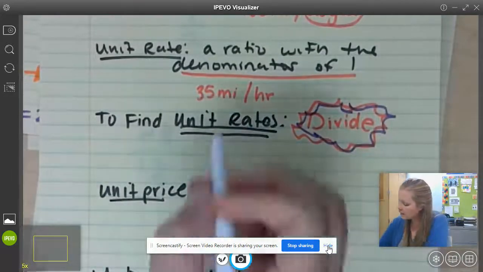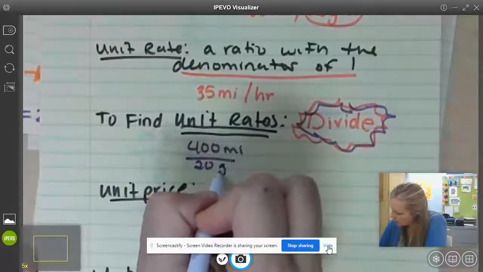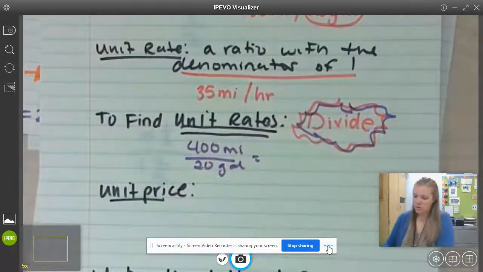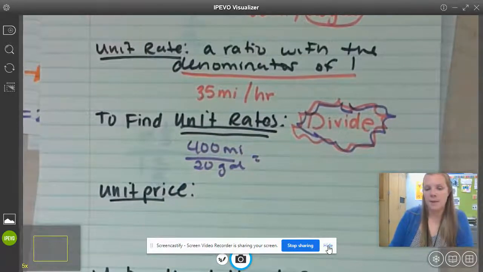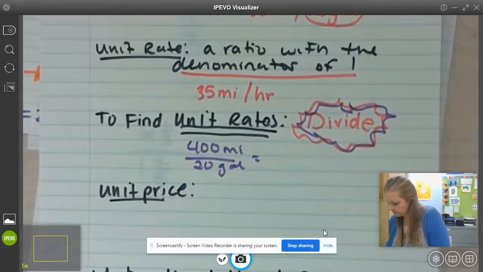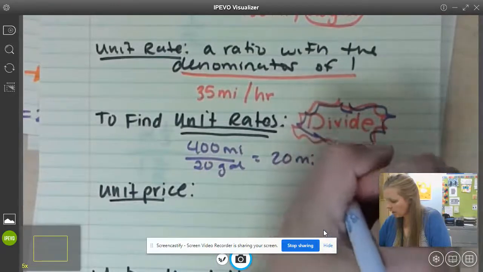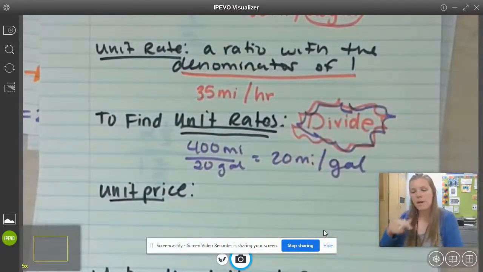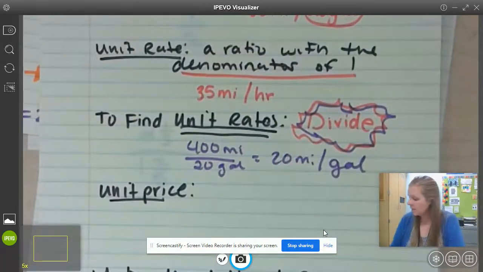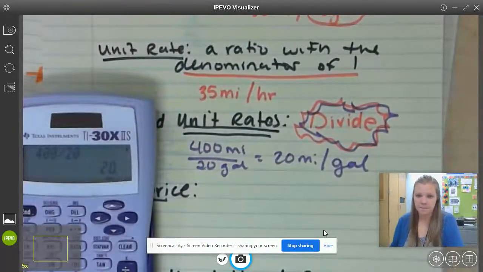So if I had that 400 miles in 20 gallons of gas, to find the unit rate, how many miles for 1 gallon, I would divide 400 divided by 20, and that's 20 miles per gallon of gas. 20 miles in 1 gallon. And I got that by doing 400 divided by 20.